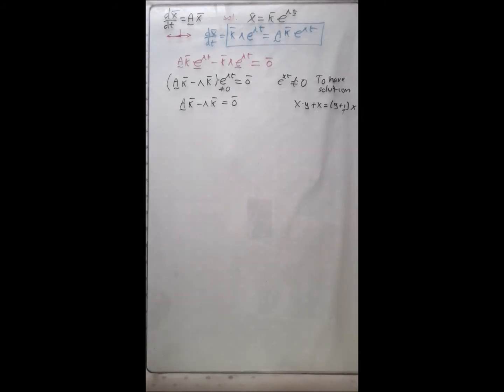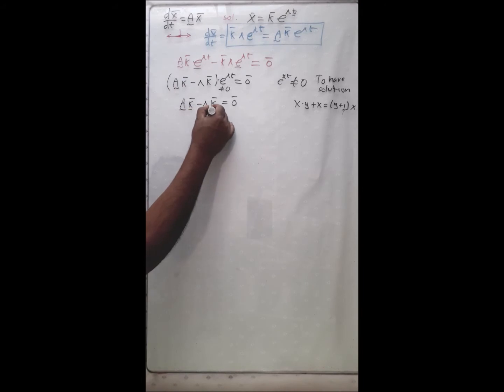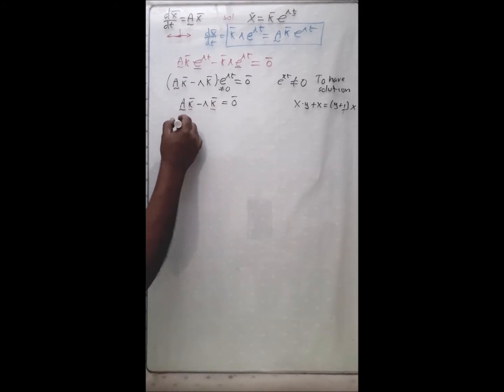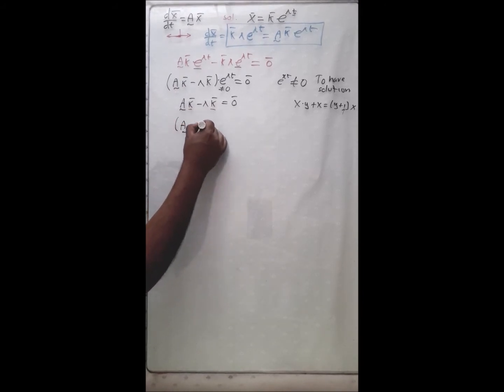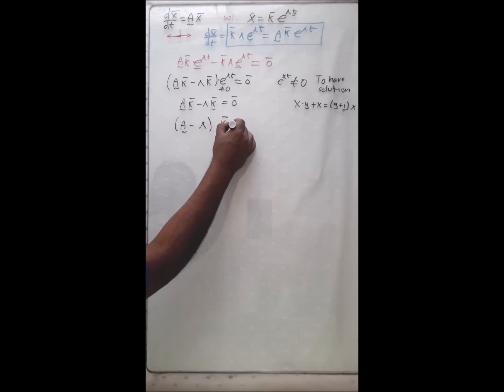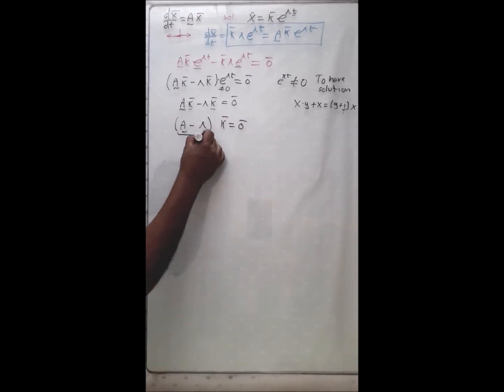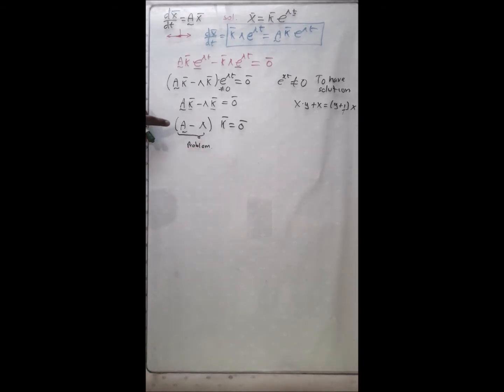Okay, that is very simple in algebra, but it's not that simple in matrices. Check this out. If we factorize the k vector because it's the common variable, then we will have A matrix minus lambda, k vector equal to 0 vector. But here we have a problem. Why do we have a problem? The A is a matrix and lambda is a real number. So this operation doesn't exist.